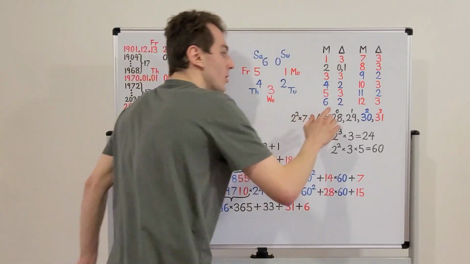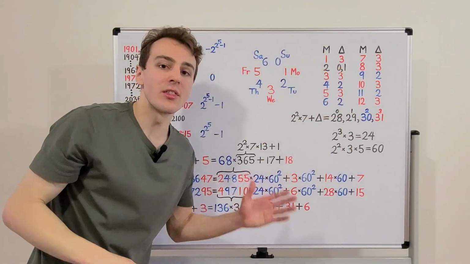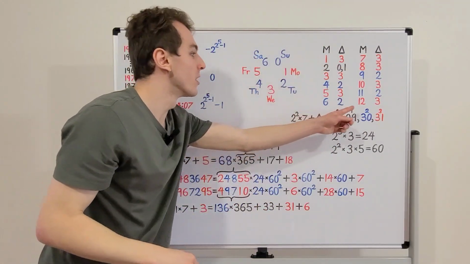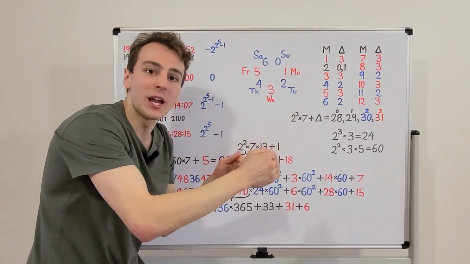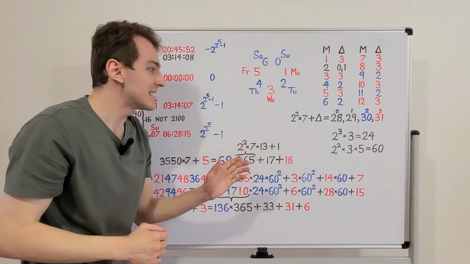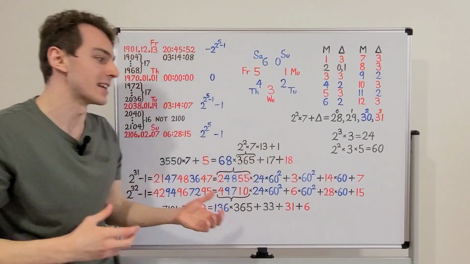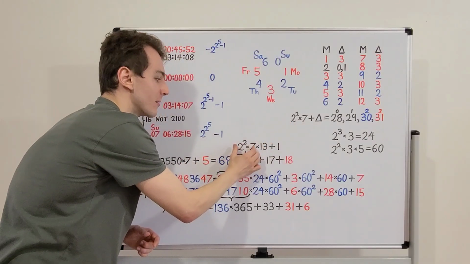Now, let's move over into this diagram over here. M represents the month number, and that ranges from 1 through to 12. Delta represents the additional number of days we have to add to each month. So every month has a minimum number of 28 days. We can represent 28 as 2 squared times 7.